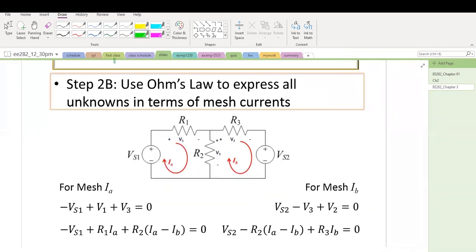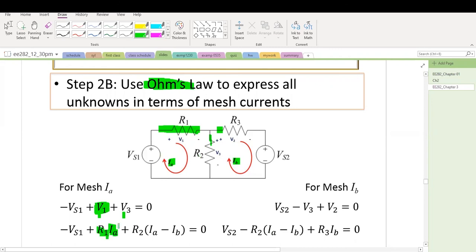The next step is to apply Ohm's law to get rid of V1 and all of those voltages, and express them as functions of the mesh currents. So V1, using Ohm's law, is the branch current on this branch multiplied by R1. That's IA multiplied by R1. And then V3 is the current flowing through R2 multiplied by R2.